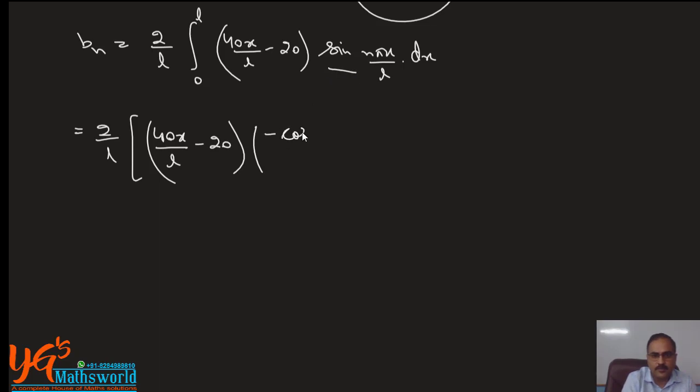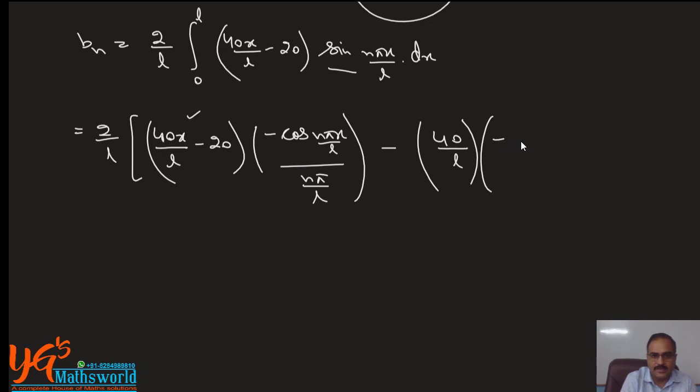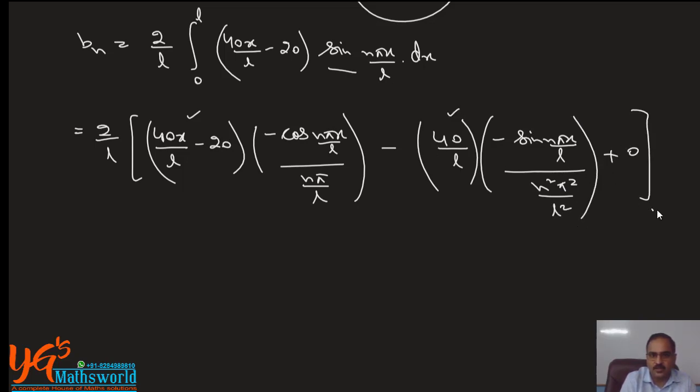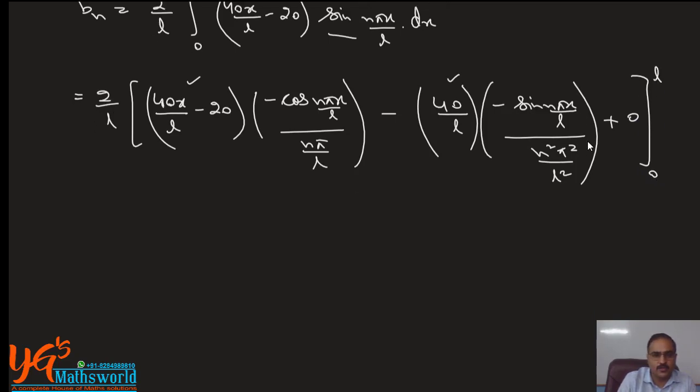Integration of sine will be minus cos n pi x by L over n pi by L, minus, now the derivative of the first part: 40x by L will be 40 by L, into the integration of this one, minus as it is, integration of cos will be sine of n pi x by L over n pi by L. And since n pi by L is already there, it will be n square pi square over L square, plus the derivative of this one, that will be 0, so no need to solve further. 0 to L will be the limits.